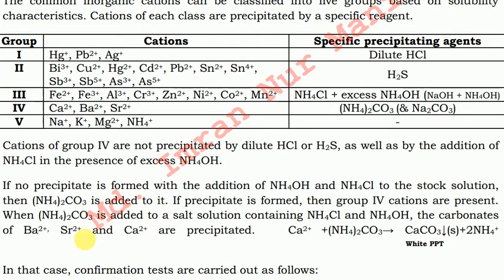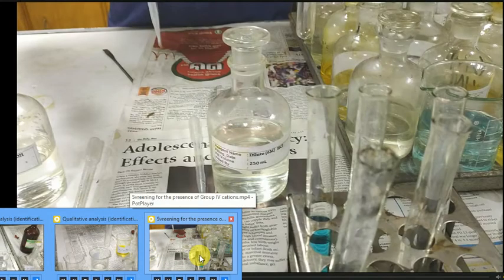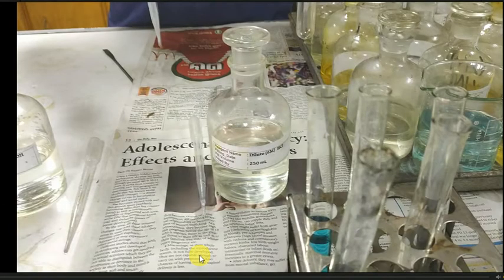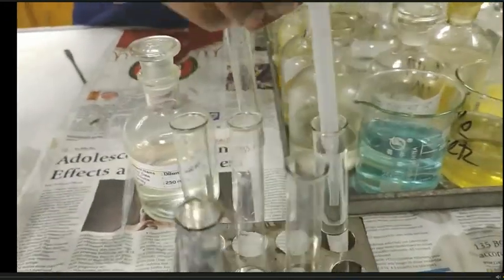Now let's take a look at how the group test is performed to identify that the cation present in this sample solution belongs to group 4. Let's take a look at the group test for group 4 cations. We're going to test for the presence of group 4 cations.